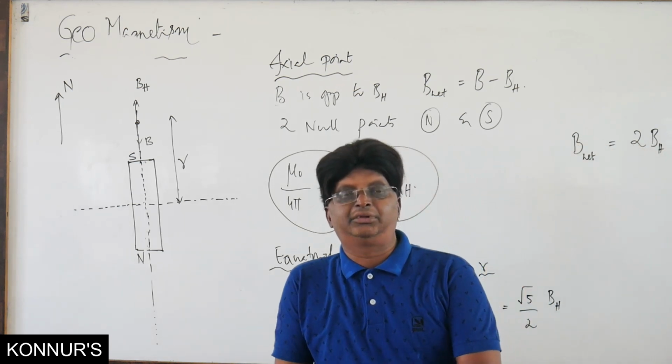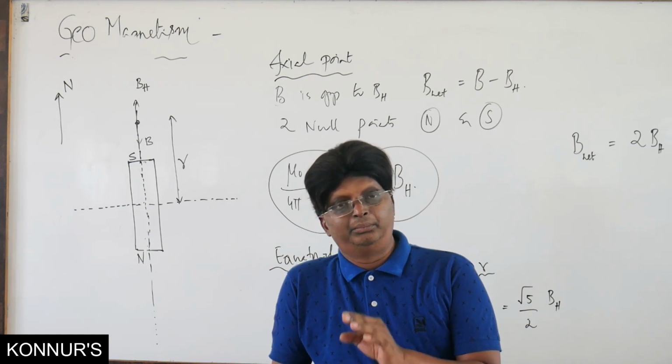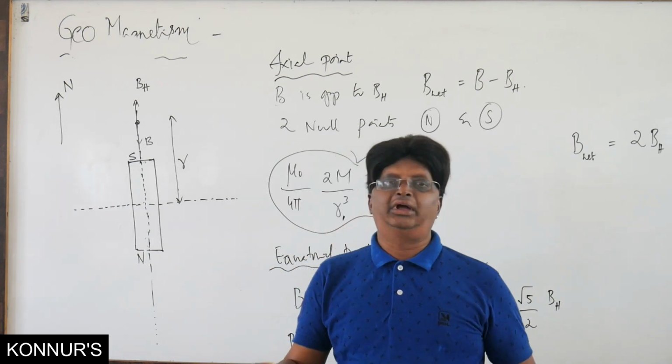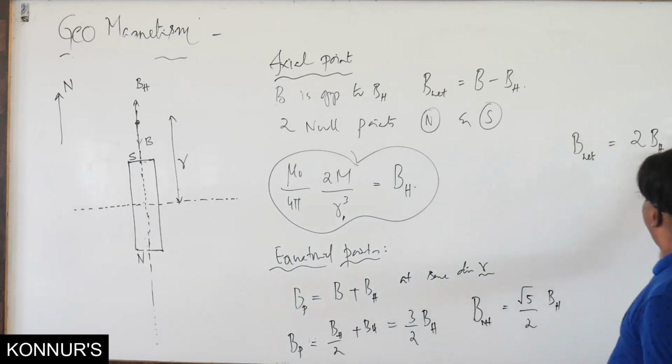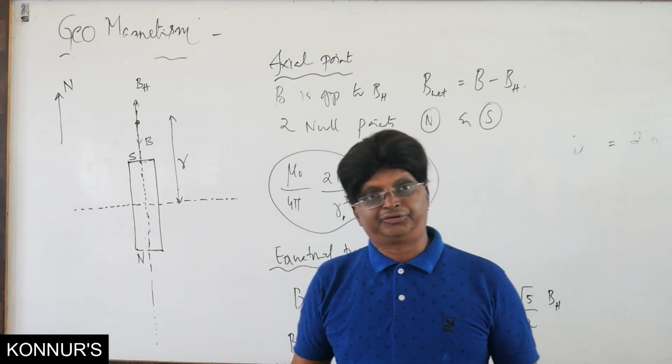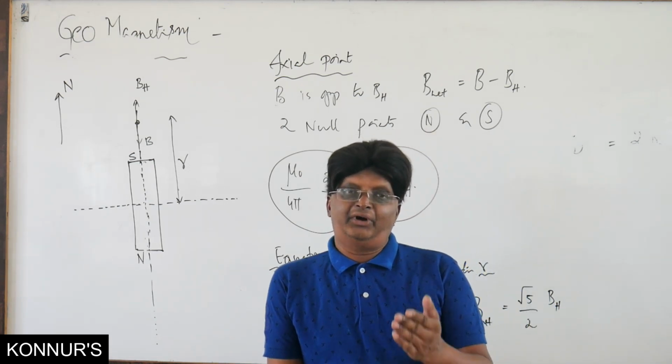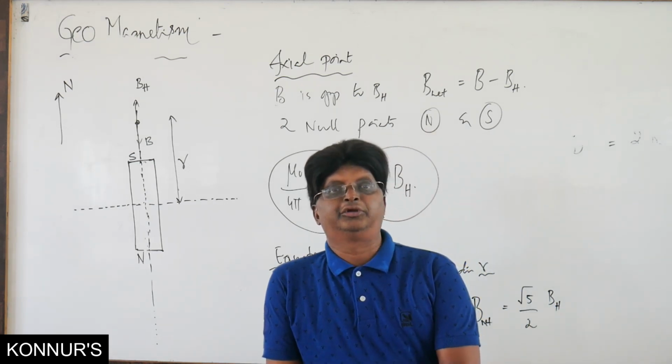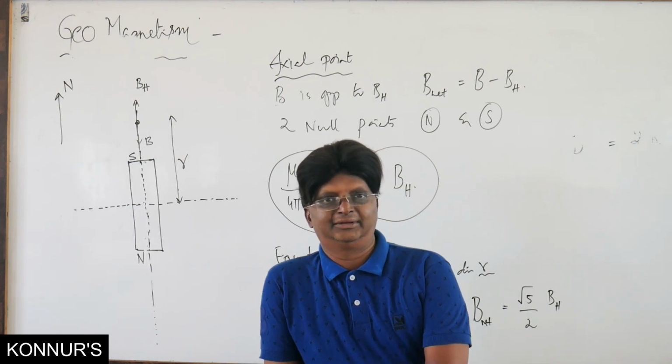Rotation of 180 degrees makes them parallel. Therefore, the answer would be 2BH. Likewise, not only the simple location of null points, it is also linked with other concepts, and finding the net magnetic induction is also a very, very popular thing.